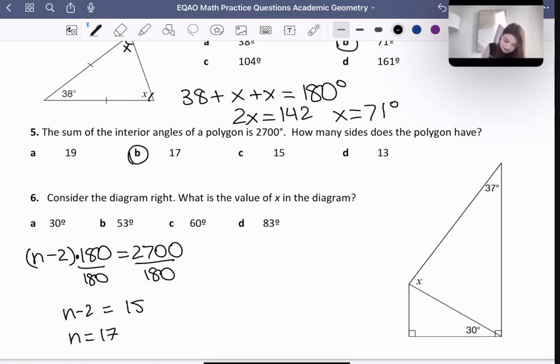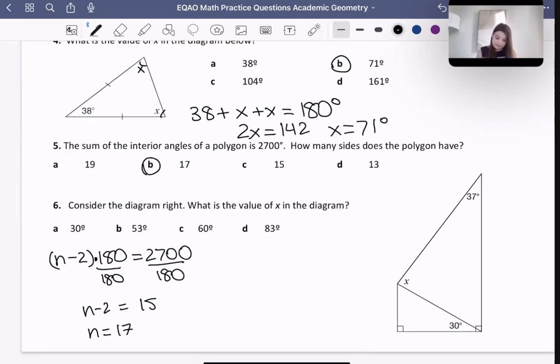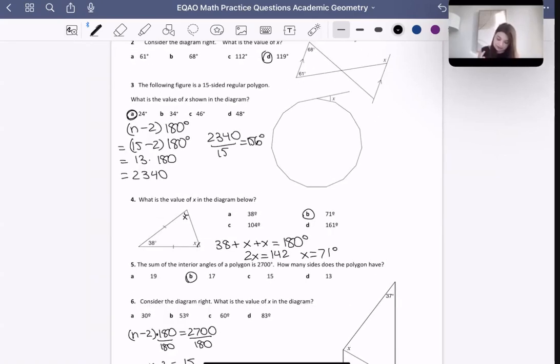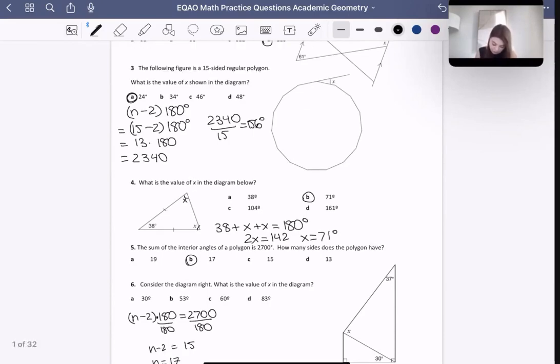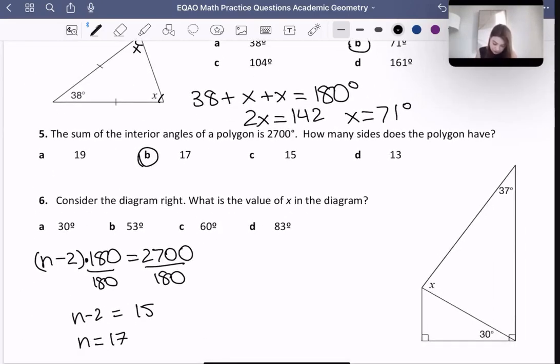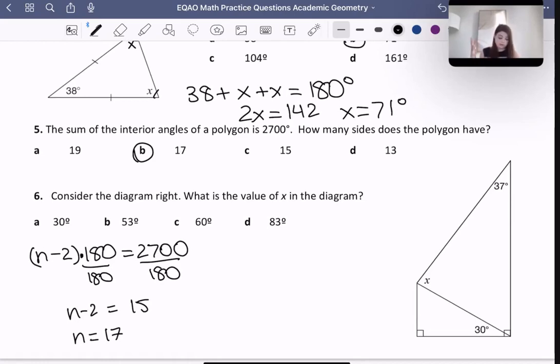So the answer is 17. Right? And that makes good sense, and it's consistent with here because for a 15-sided one, we said that the total was 2,340. And so here, if the total is more, then that means it must be bigger than that. And that is consistent there.